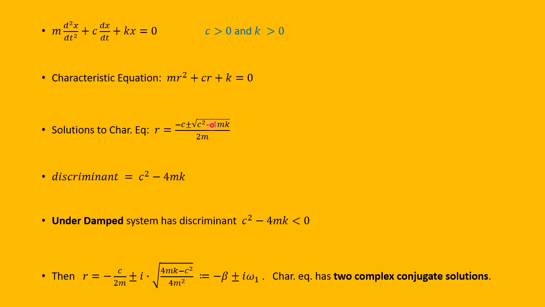We took this negative number, multiplied by minus 1 to get 4mk minus c squared, and the 2m inside the square root becomes 4m squared in the denominator, and since this was the square root of a negative number, remember it's i times this square root. Let's call this minus beta plus or minus i times omega sub 1. So the characteristic equation in the underdamped system has two complex conjugate solutions.